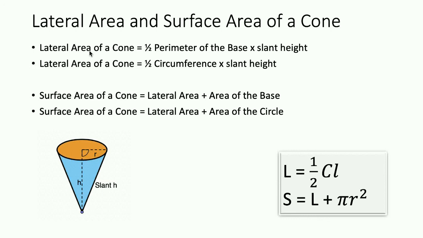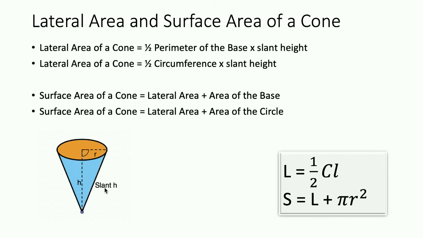So the lateral area of a cone is 1/2 the perimeter of the base, which in this case is a circle, so it's the circumference, times the slant height. So we still call this slant height, and it is longer compared to the actual height there.